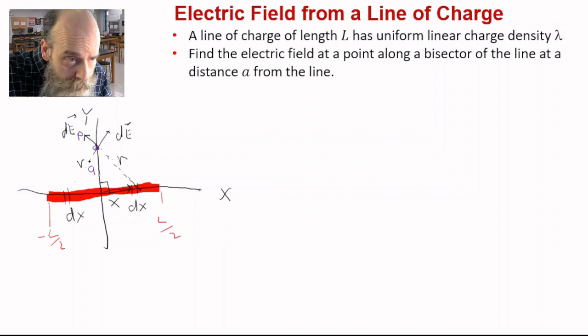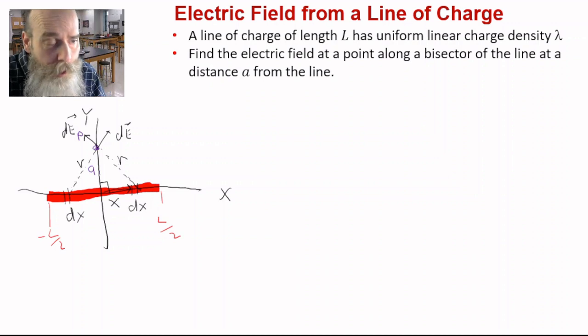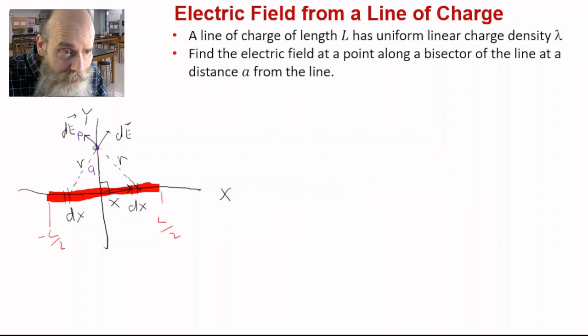It's also a distance r from the charge dx, and these two dEs have the same magnitude, but they have x components which are in opposite directions, so the x components add to 0.